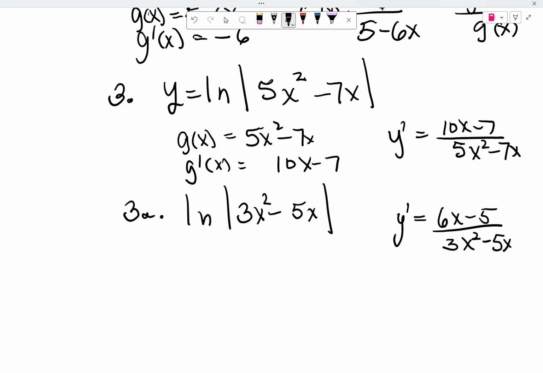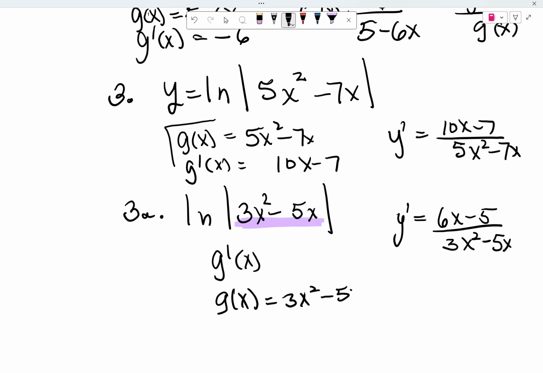Remember, it's always the first derivative of the function itself. So when I say the function, I'm relating here to g of x, which is the original 3x squared minus 5x.